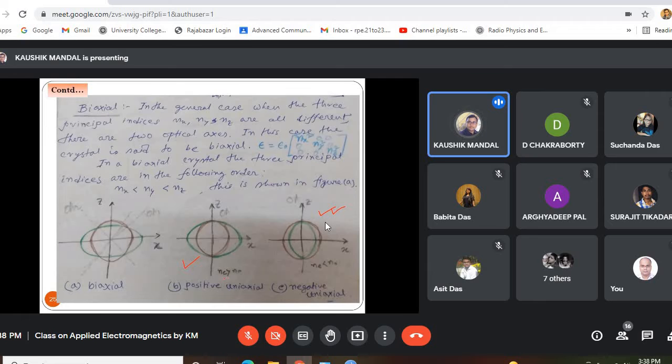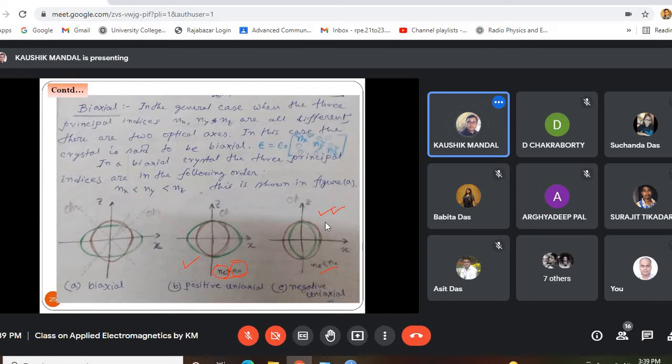Now if Ne is less than No, that means the ellipsoid is within the sphere, then that will be the case of negative uniaxial crystal. So we have used two terms, extraordinary and ordinary refractive indices. We will discuss in detail about these two terms.